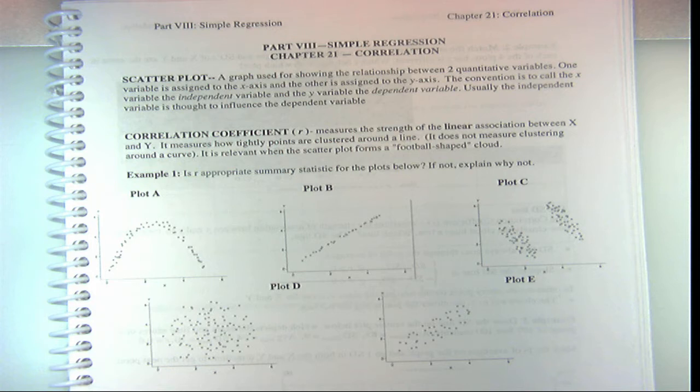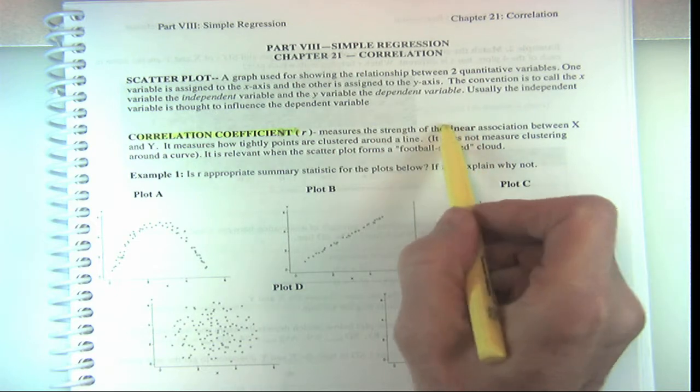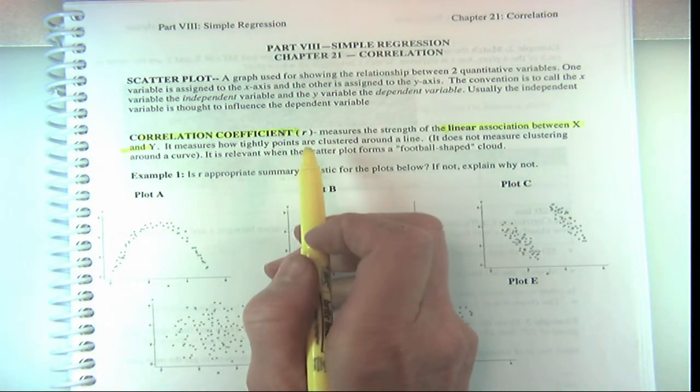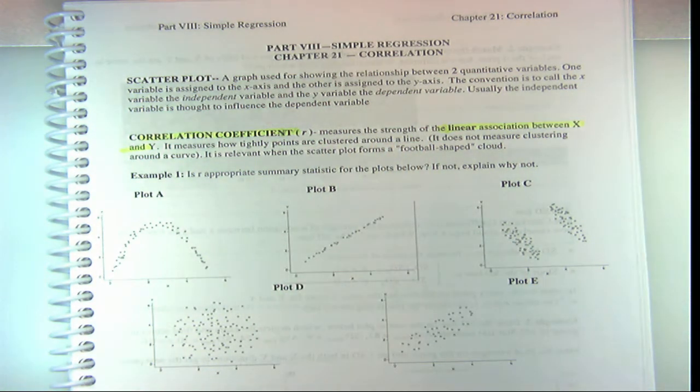So the statistic we're going to be looking at is the correlation coefficient, which is a measure of the linear relationship between two quantitative variables. It measures how tightly those points are clustered around a line.